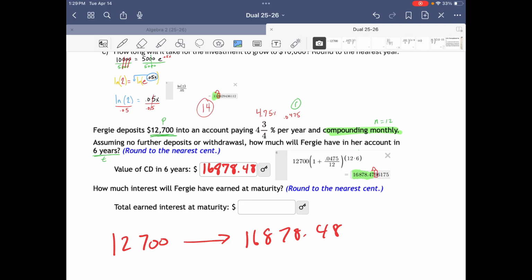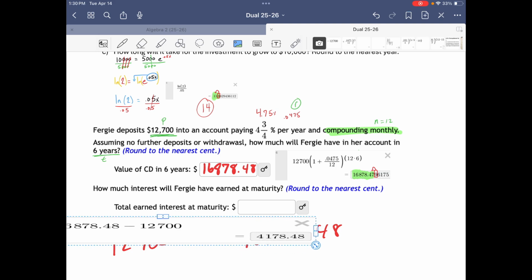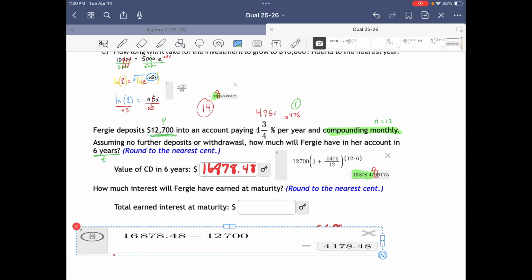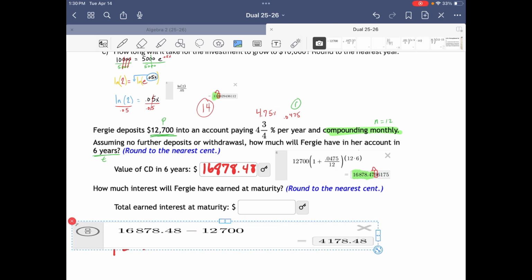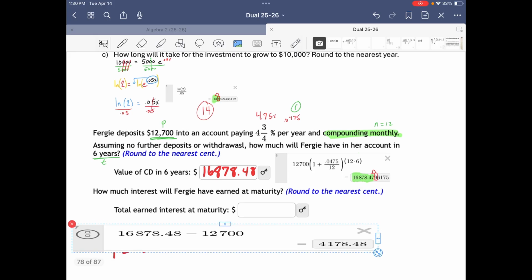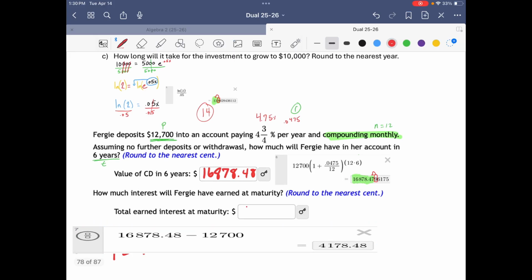That would be this one. There you go. I just subtracted them together, and I got $4,178.48, and that's it.